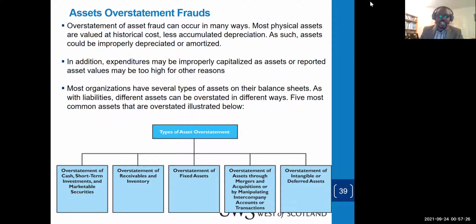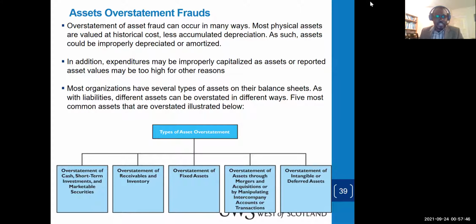And most organizations could have several types of these assets appearing on their balance sheet, but in reality, you may not be able to get the liability that corresponds to them if only these assets are bought on credit. Okay, so we should look out for these 5 most common overstated assets provided in this picture.